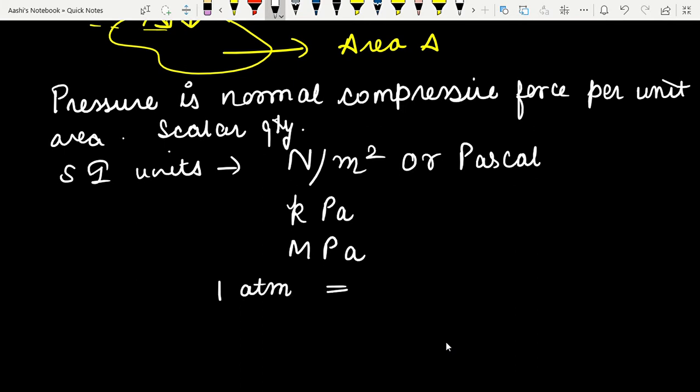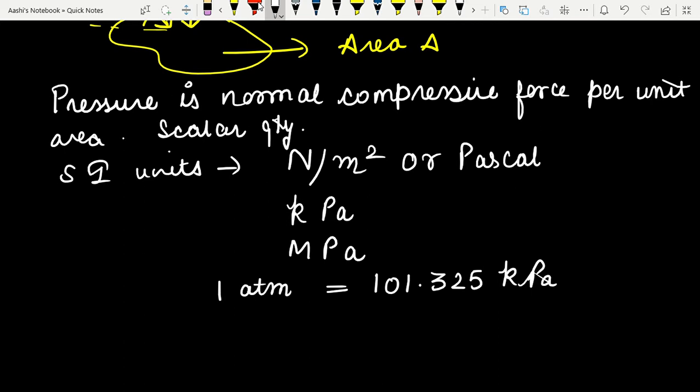It is equal to 101.325 kilopascal. This is one important thing that you should remember. 1 atm is nothing but 101.325 kilopascal. This kilopascal should be written together, like kPa.